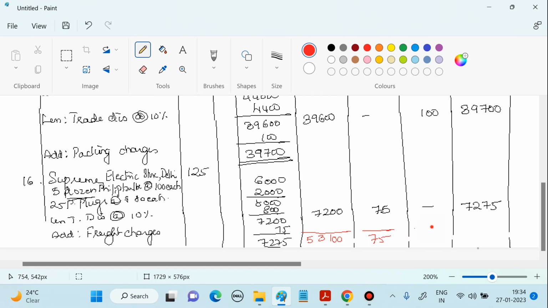This would be 75, this would be 100, and this would be 53,275. Is this clear? Yes, ma'am. Once you're done, let me know. I'll show you the posting and the journal entry that you would pass so that the posting of the purchase book is done.